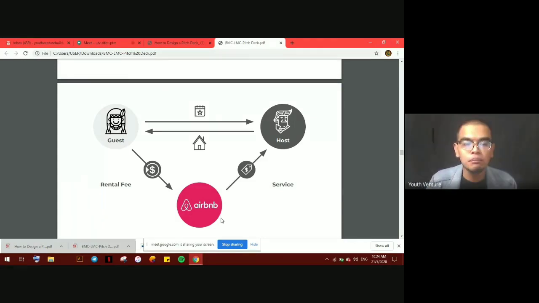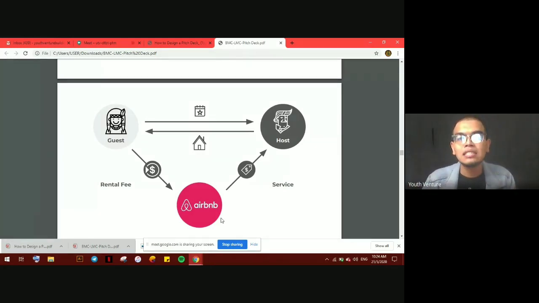The way Airbnb generates money, the way they actually create a revenue stream based on the value, is if the guest wants to stay, okay, the guest has a problem. The problem of the guest is they need a place to stay. So when the guest wants to stay, Airbnb charges a rental fee.